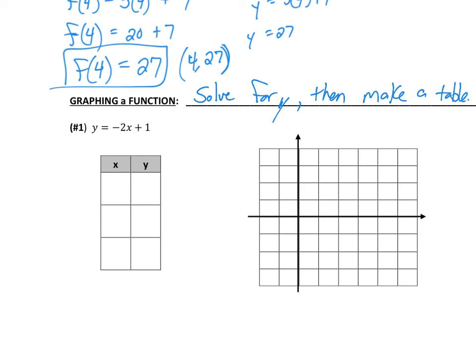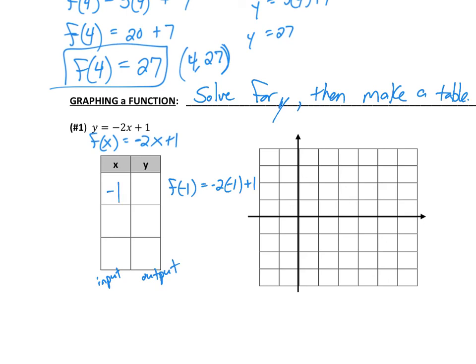So this is basically like saying f of x equals negative 2x plus 1. So we're going to plug in our x's, and we're going to find out what our output is. We're going to find out the y. So thinking of what we just did, we're going to plug in negative 1. So it's going to be f of negative 1 equals negative 2 times negative 1 plus 1.